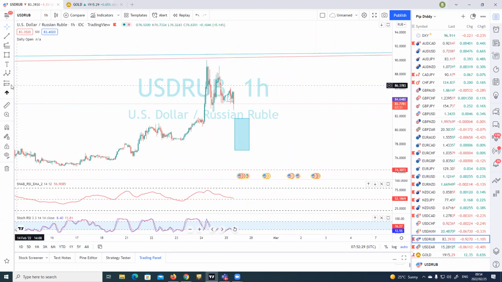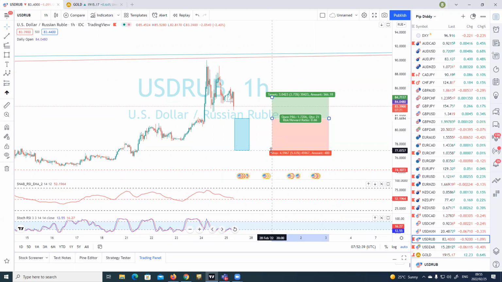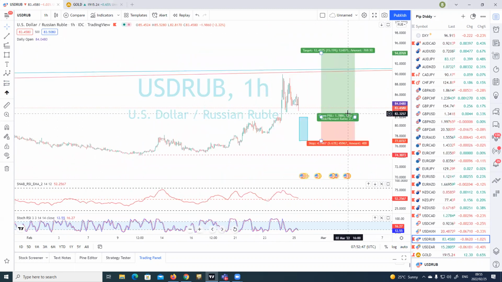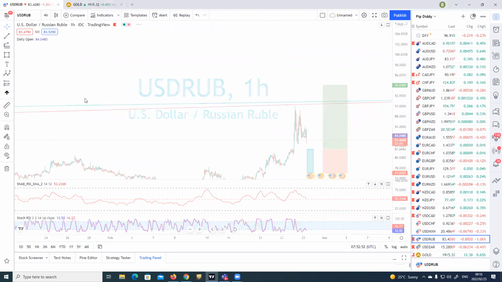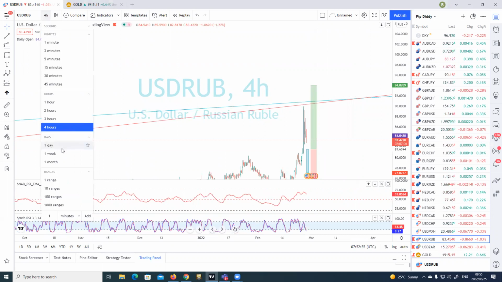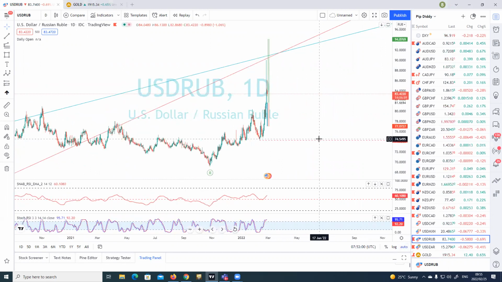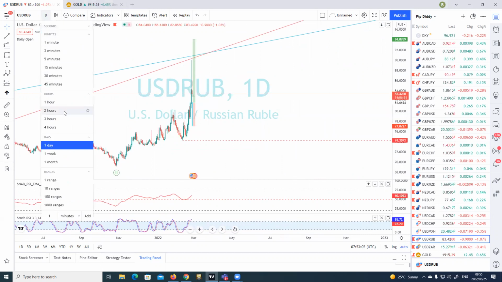Okay, so that looks like a nice setup to the upside. So this should be the entry level. This should be my stop loss. Okay, and this here can run all the way up to the proposed end of our wave 5.